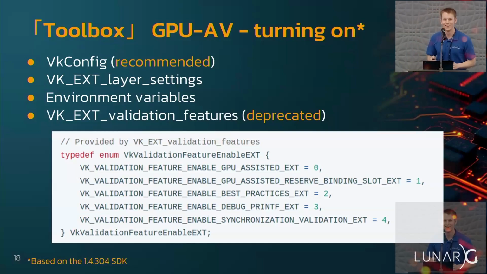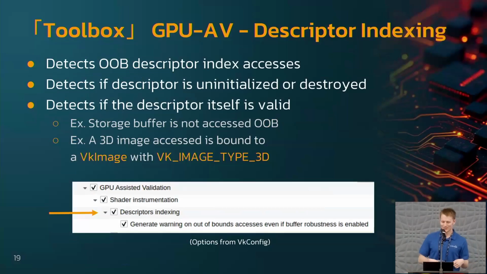Okay, thank you. So going back to GPUAV, one of the first checks we have in here is descriptor index checks. So this will do things like that first example, where if you're out of bounds, it's going to notice it and it's going to do its best to make sure you don't. We do fun, cool little things to make sure you don't actually do the operation, so you don't just crash on the spot. And we also detect uninitialized and destroyed descriptors as well.